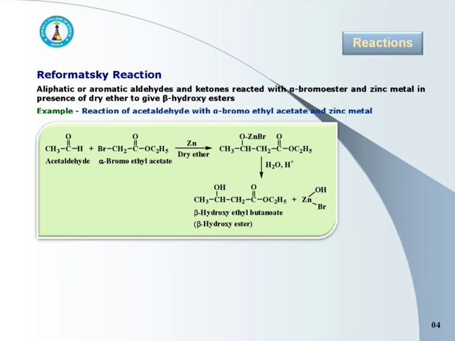An example of this reaction is the reaction of acetaldehyde with alpha bromo ethyl acetate and zinc metal. When acetaldehyde is treated with alpha bromoester and zinc metal in the presence of dry ether, a beta hydroxyester is obtained.